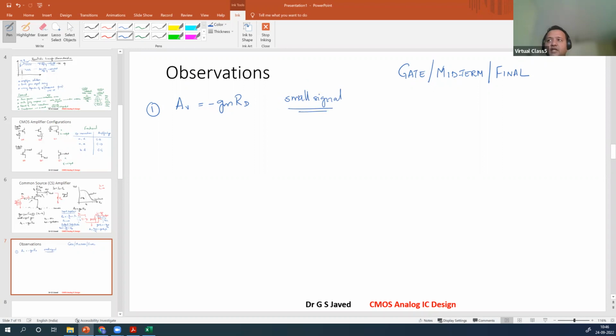If the input signal goes larger, then we'll act for large signal. If your Vin goes up, then it becomes a large signal component, and your swing also will go up. This is the first observation. Second, as your input signal goes up or your gain goes up, it can lead to non-linearity.